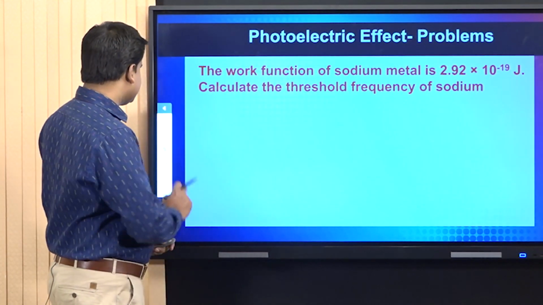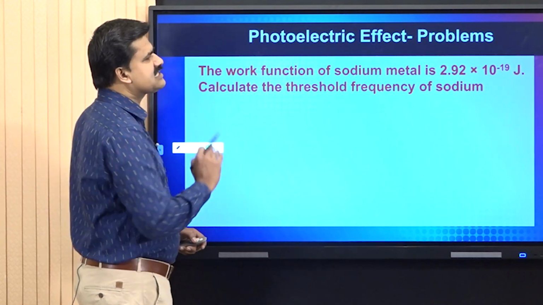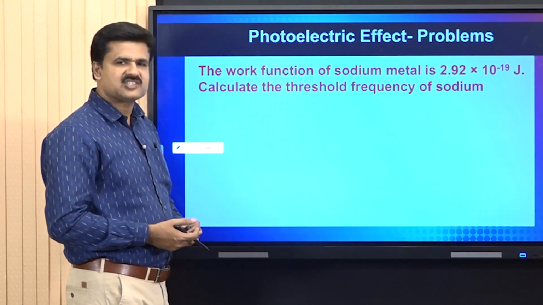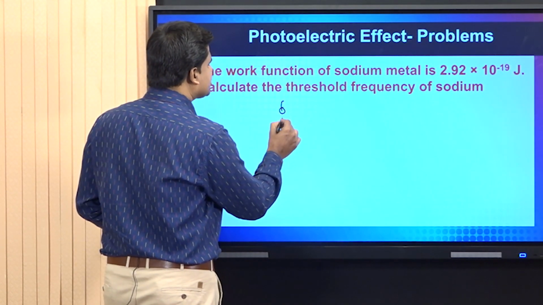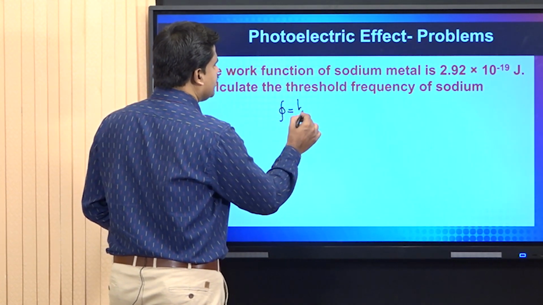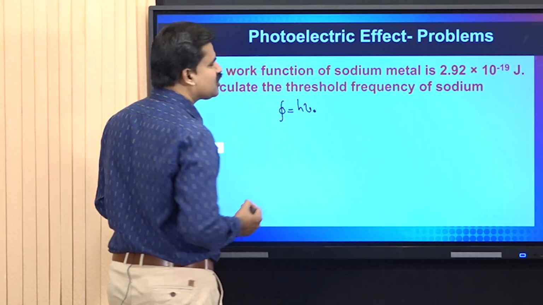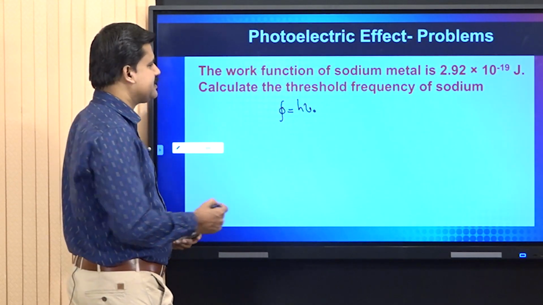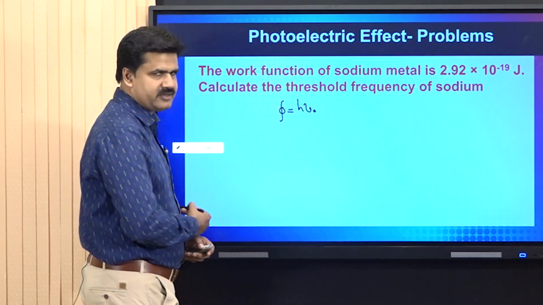It is clear that work function is related to threshold frequency by the relation work function phi is equal to h nu 0, where nu 0 is the threshold frequency. This is the relation between work function and the threshold frequency.